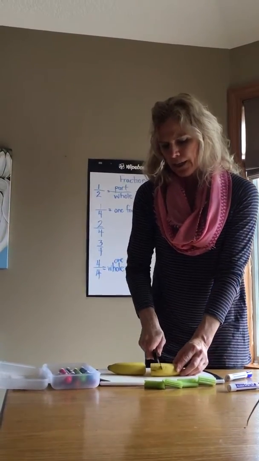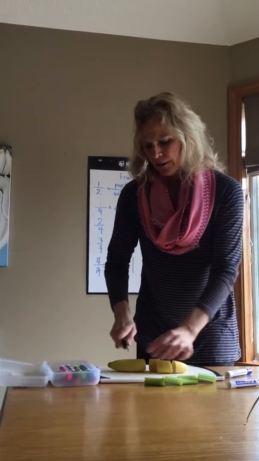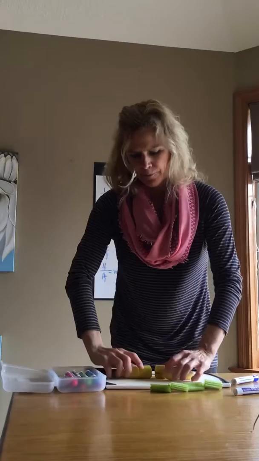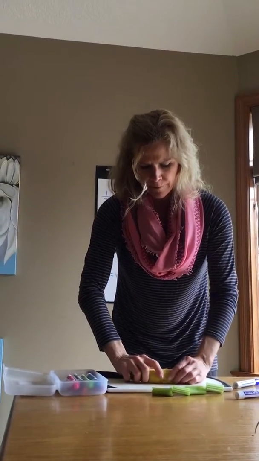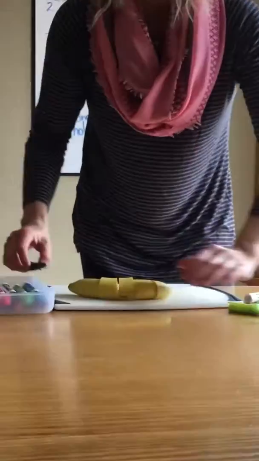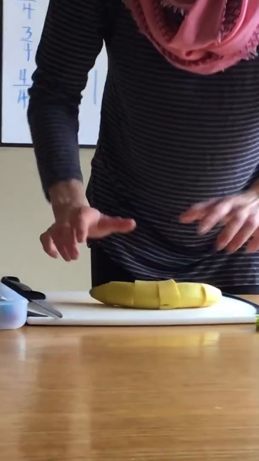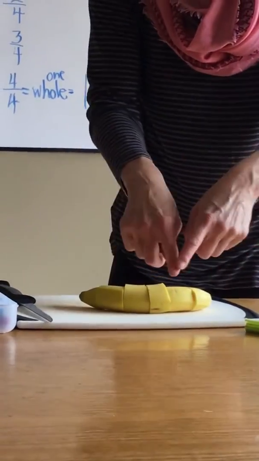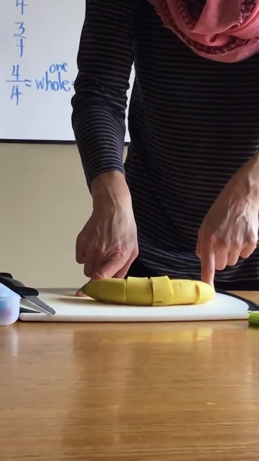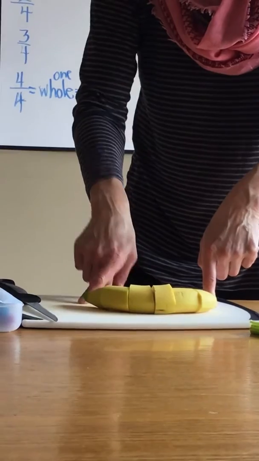If I cut each of the bananas, so how many pieces, can you zoom in? How many pieces in the entire banana? There are 6, so that would be my denominator. That's what goes on the bottom, and the top number is always what we're talking about.